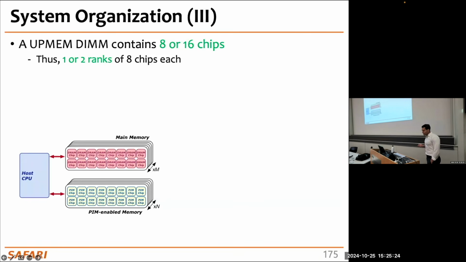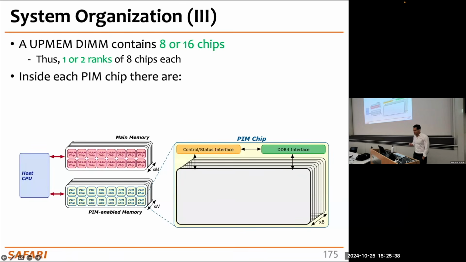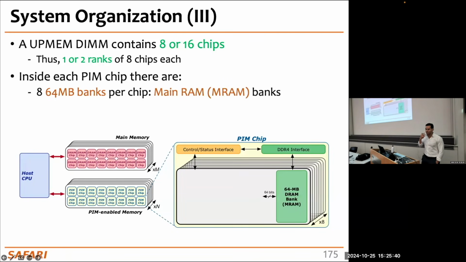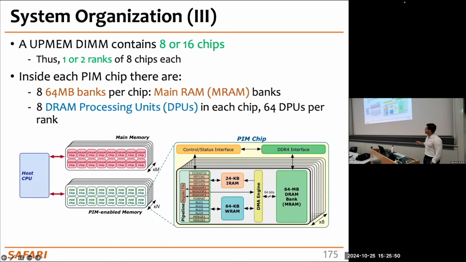So a single UpMem DIMM contains 8 or 16 PIM chips, and this depends on how many ranks are per DIMM, so it's going to be either 1 or 2 ranks. Inside each processing memory chip, you are going to have a 64 megabyte DRAM bank called MRAM, so it's memory RAM, and 8 DPUs, what they call DRAM processing units, which are the cores that are going to be used for computations.